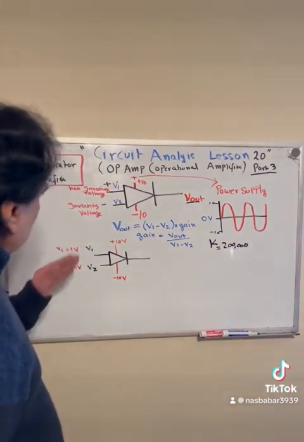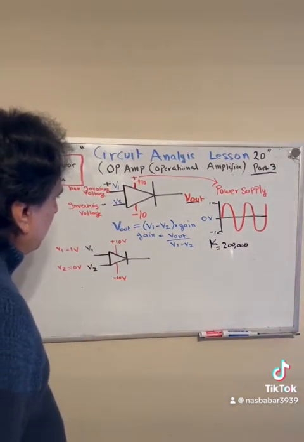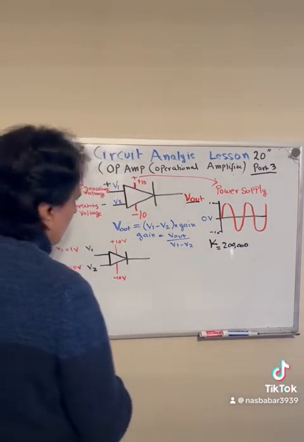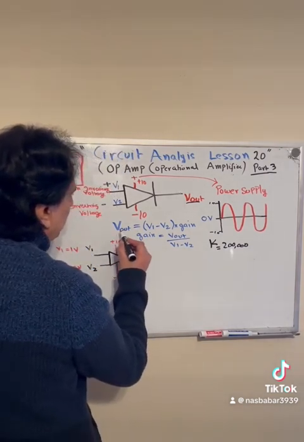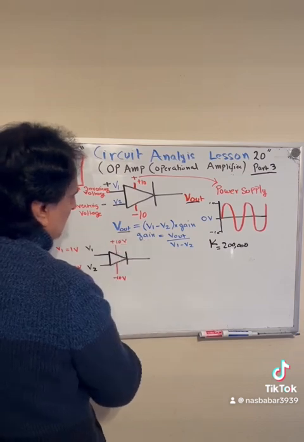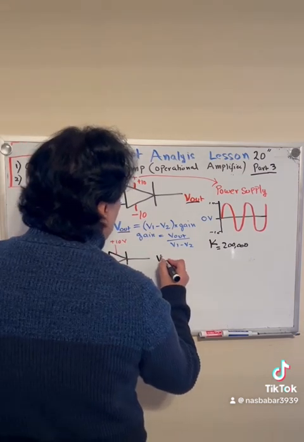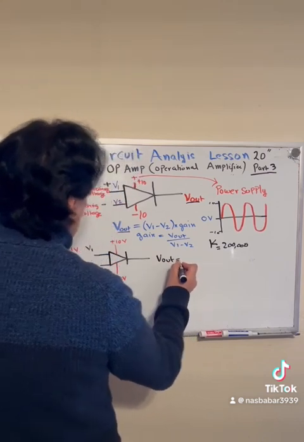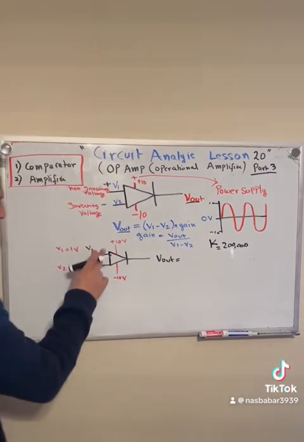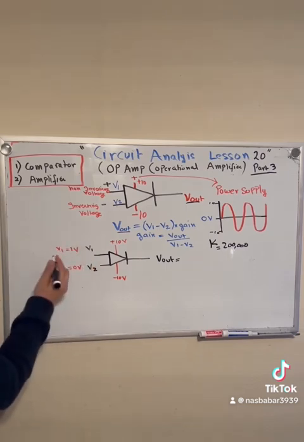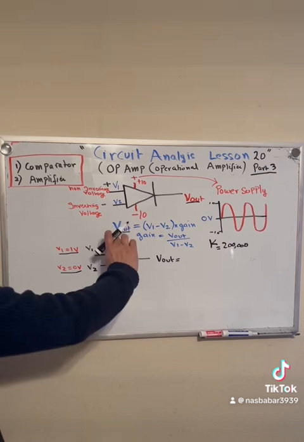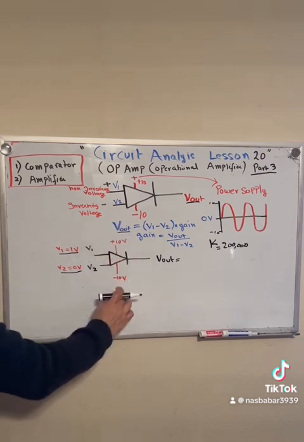Now, if you look at this gain right here, let's say we calculate the V sub out. V sub out will be equal to V sub 1 minus V sub 2. We're looking at this example right here, where we have V sub 1 at 1 volt, V sub 2 at 0 volt, and power supply plus 10 and minus 10.